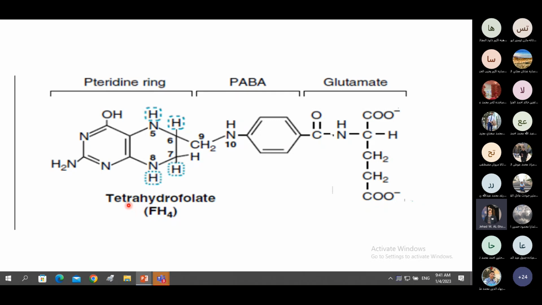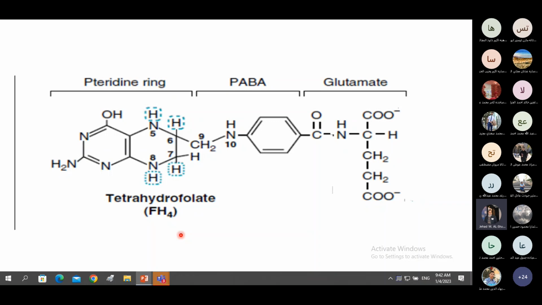This is why now the folate is known as tetrahydrofolate. Tetra means 4, hydro the hydrogen, and folate. So what is the meaning of tetrahydrofolate? It means 4 hydrogens are now bonded with the folate, to atoms number 5, 6, 7, and 8.